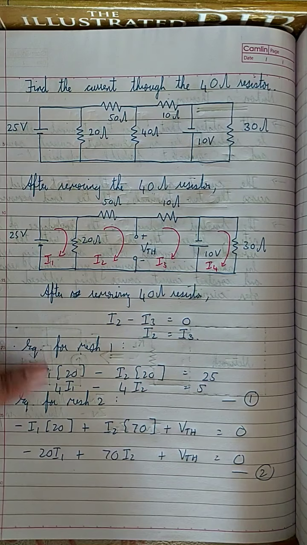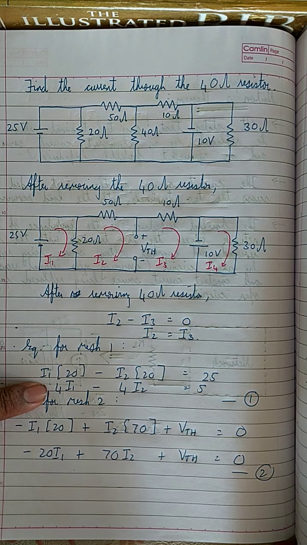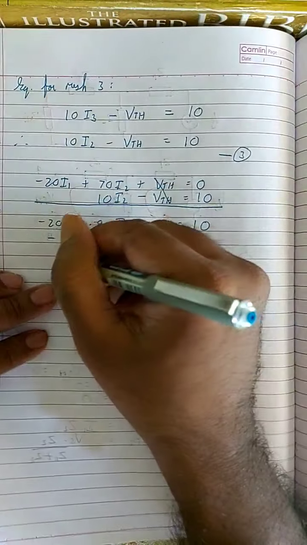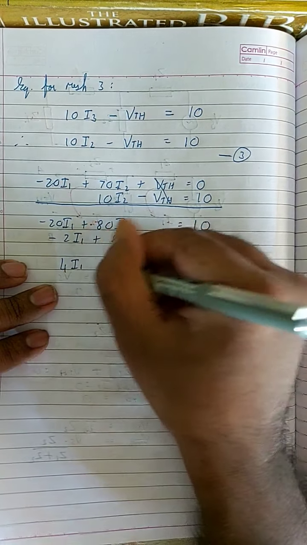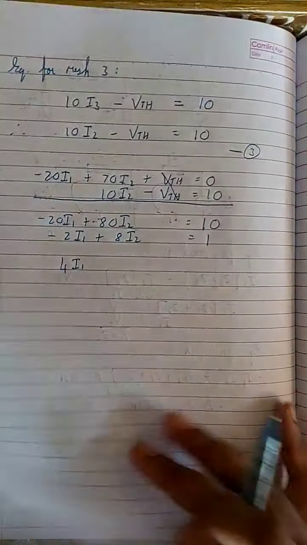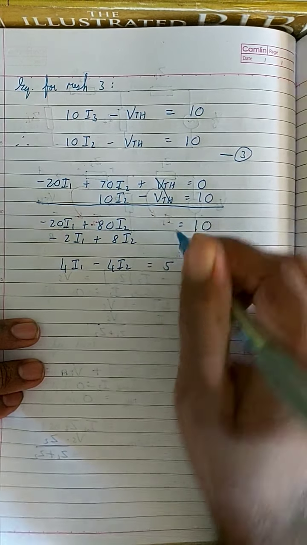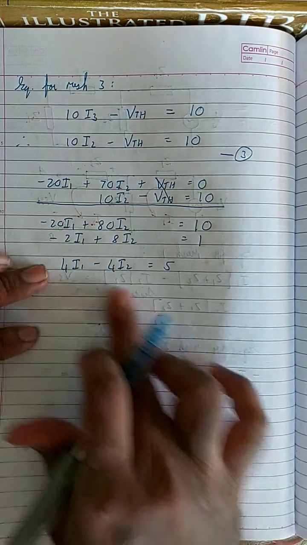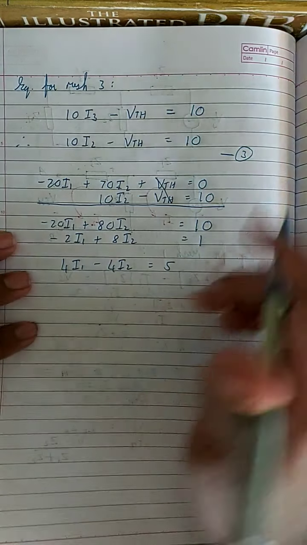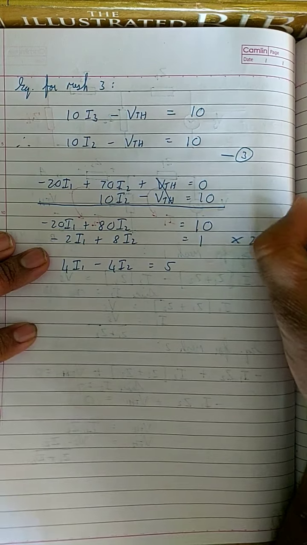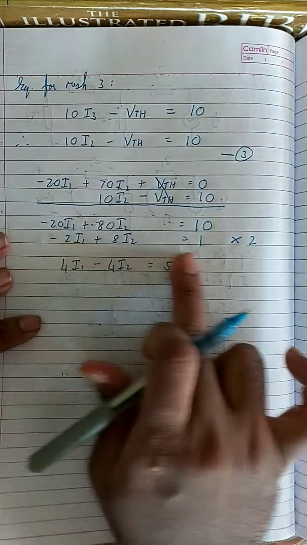What is the other equation you got? 4I1 minus 4I2 is equal to 5, right? So if I want to use this equation, I'm going to multiply this equation with 2. So what will I get?